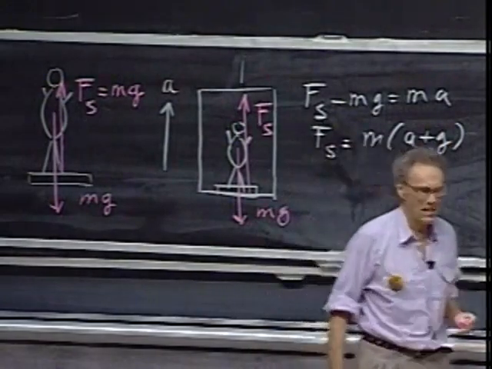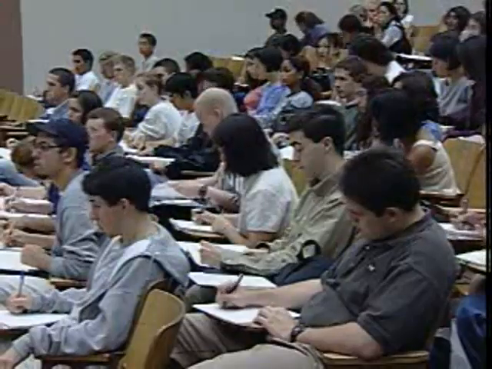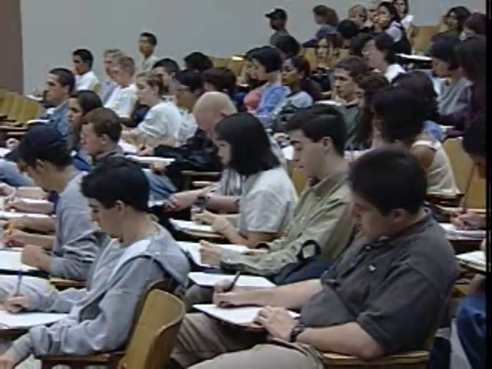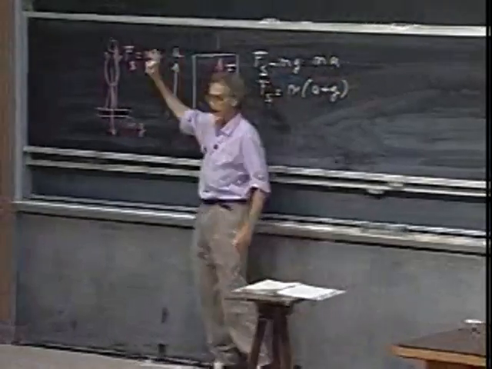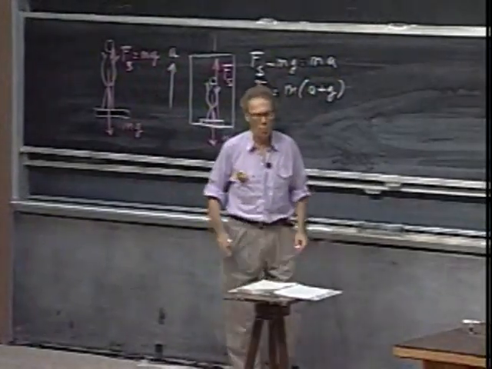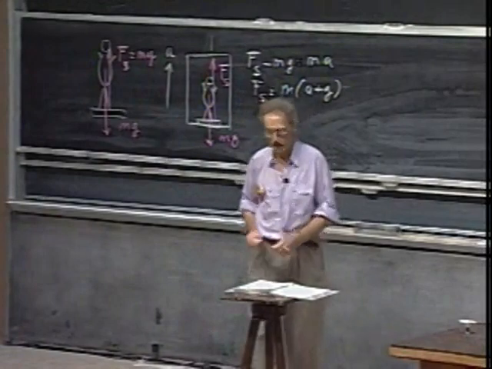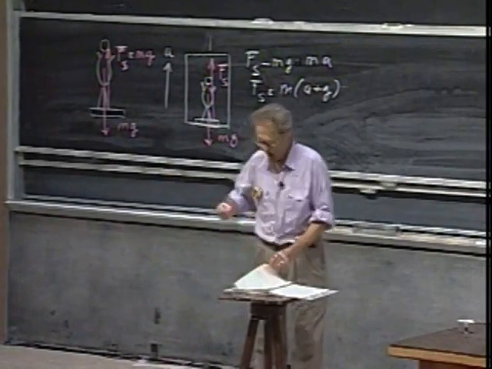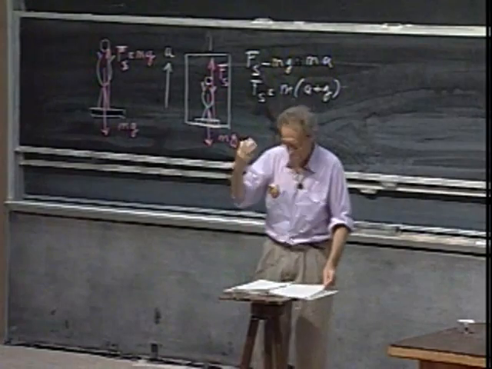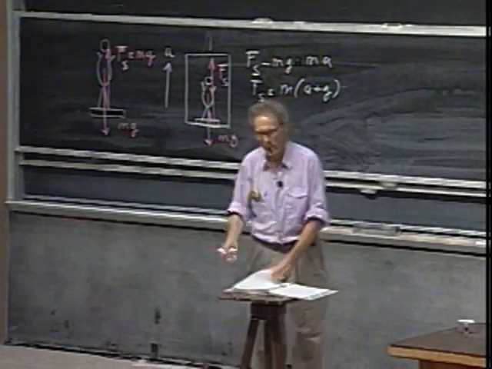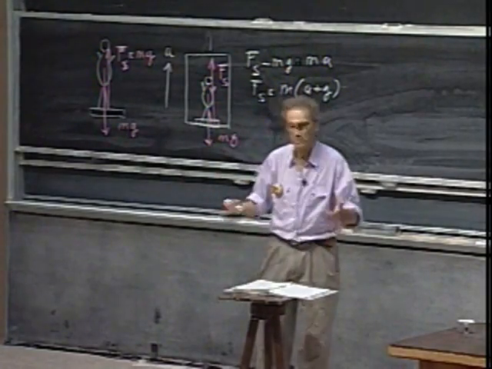And I have gained weight. If this acceleration is 5 meters per second squared in this direction, I am 1.5 times my normal weight. If I look on the bathroom scale, that's what I see. Seeing is believing.